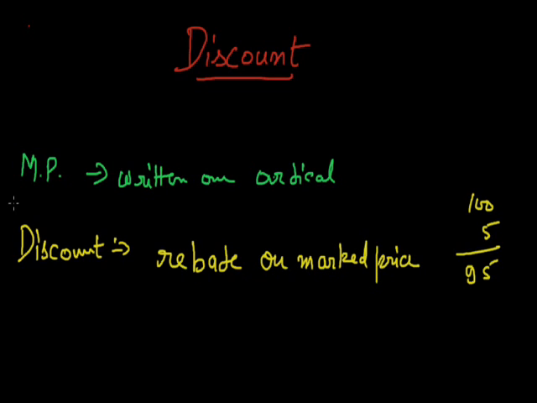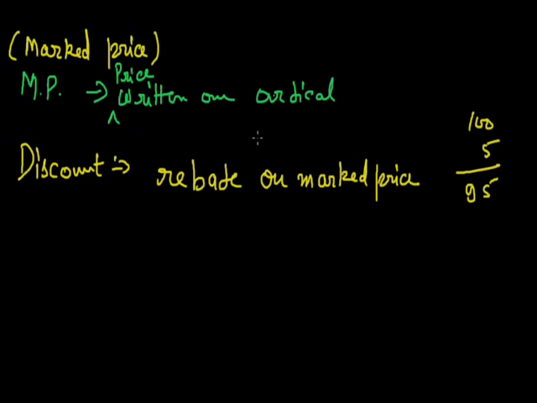The mark price is abbreviated as MP. Mark price is the price written on the article, and the discount is the rebate on the mark price. Here it is the mark price, and this is the discount, and this is the price which we will be paying in the end, which will be the selling price for the shopkeeper.